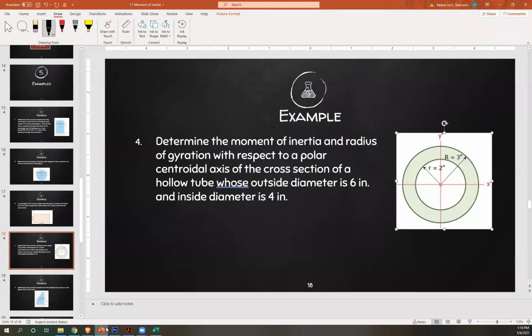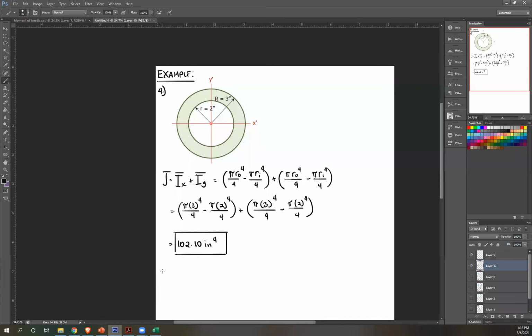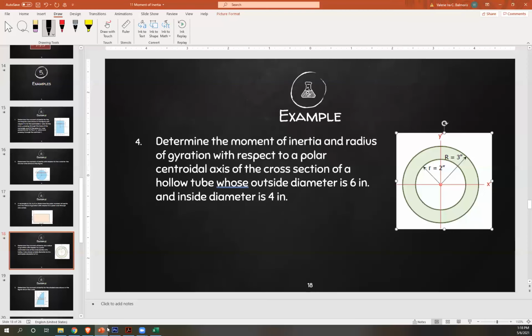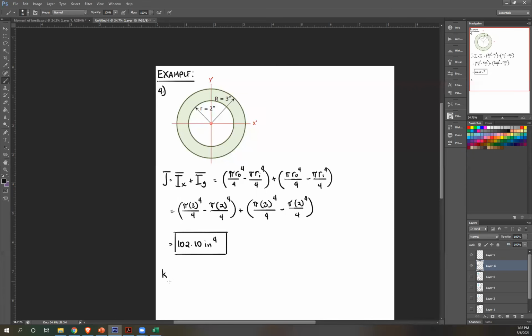Next, we're looking for the radius of gyration. It's also about your polar centroidal axis. Therefore, we're going to use the equation J over A. This is K sub O, the polar radius.